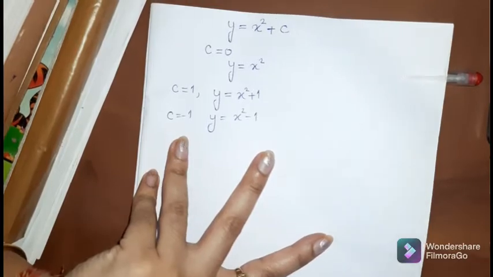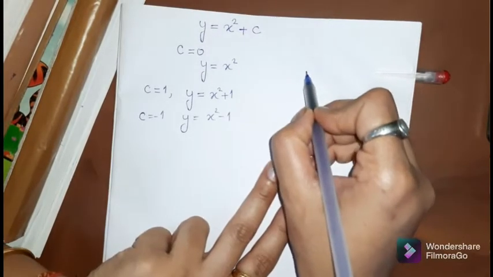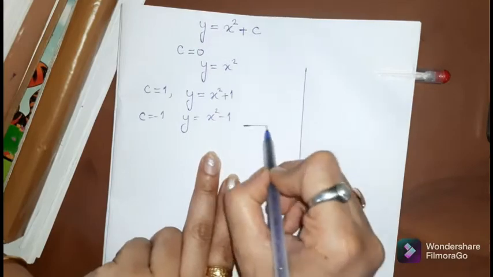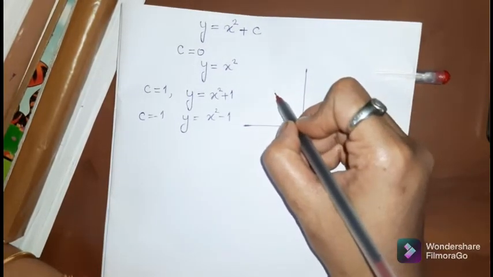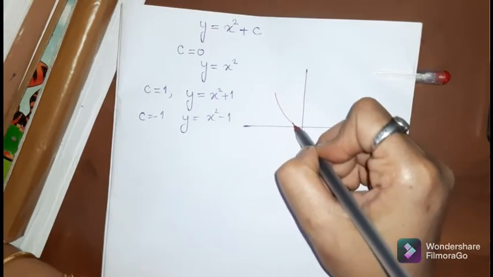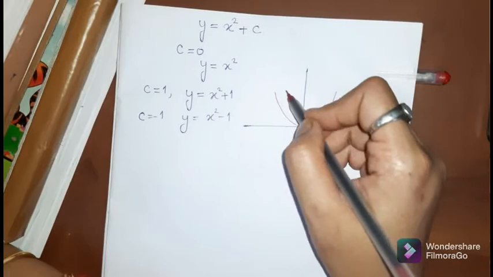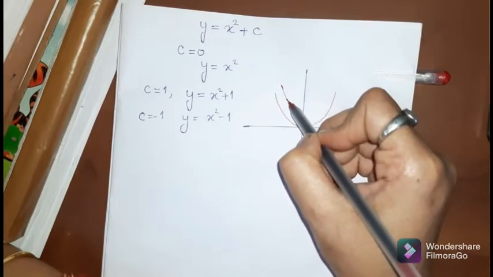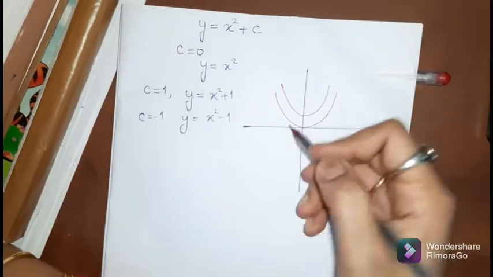So when we plot it in the graph, we get an equation like this. The y equals x square means your parabola has its vertex at the origin. Now when c equals 1, your parabola is 1 unit in the positive direction.